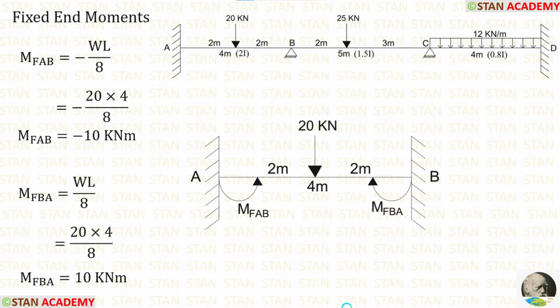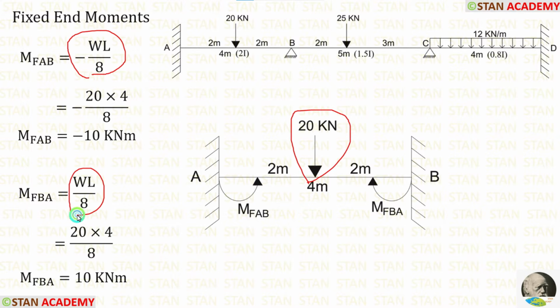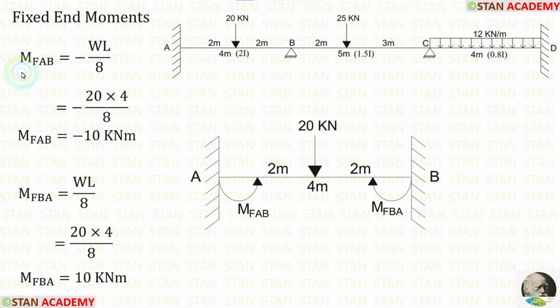Now let us apply those formulas and find out the fixed end moments. In the span AB, we are having a point load. This point load is acting in the center. We have already seen the fixed end moment formulas minus WL upon 8 and positive WL upon 8. MFAB will be negative because it is acting in the anticlockwise direction.